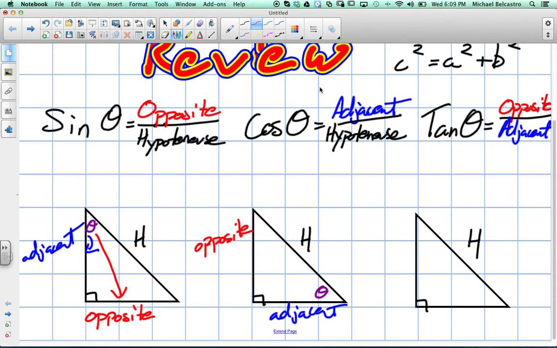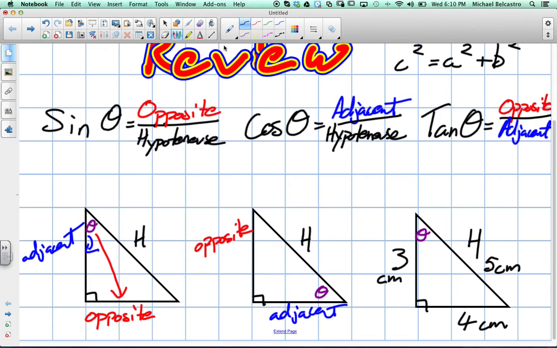Now, with that being said, let's put some numbers in, and then we're going to set up these ratios. Okay, so let's say I put theta here. Okay, and I have the numbers, which is a very common triangle to have, 3, 4, and that will be 5, and they'll all be centimeters. Okay, 3 centimeters. If that's the case, I want us to set up each ratio. I don't know what theta is yet. I haven't figured it out.